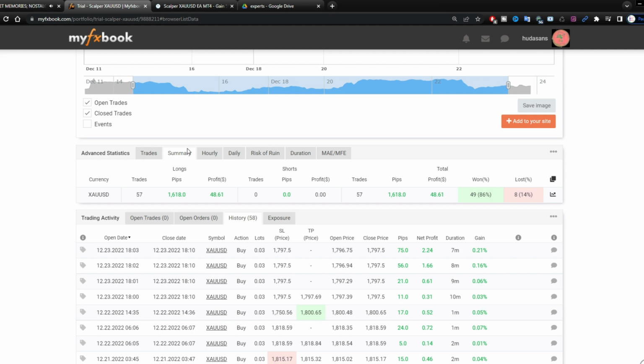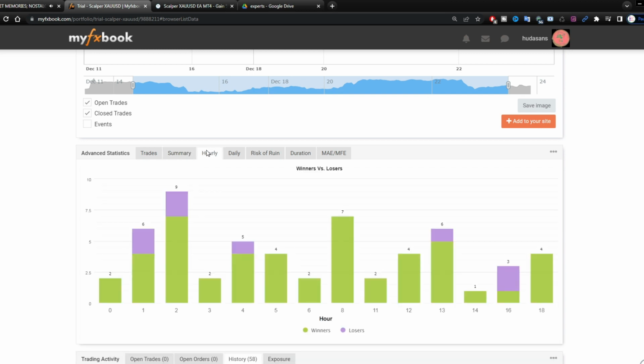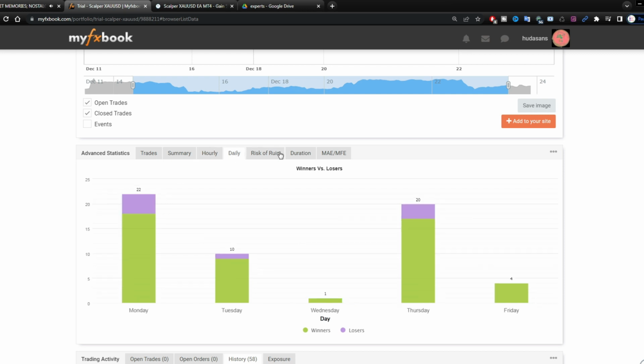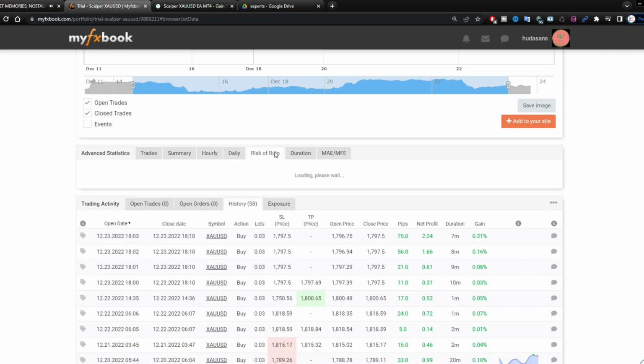Next is the summary information for the gold ounce per US dollar pair. Profit $48 and 61 cents. You can also pay attention to hourly, daily, risk of ruin information, and some other information if you need it.